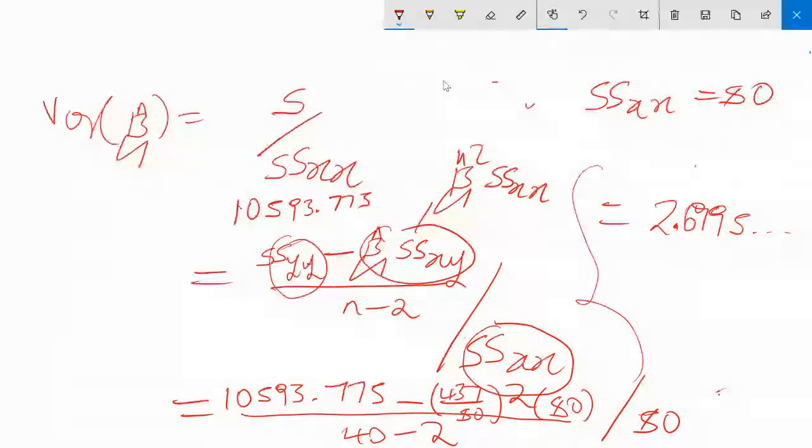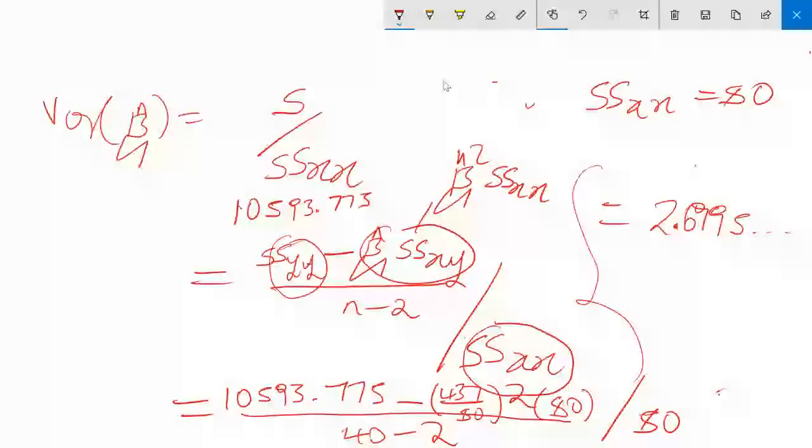Are you guys having this value? These things are simple. I just wanted to show you how to plug in these values in your calculator.